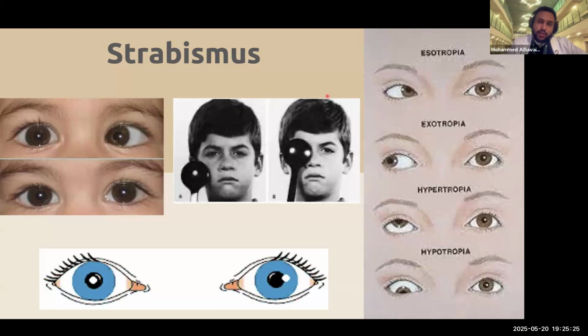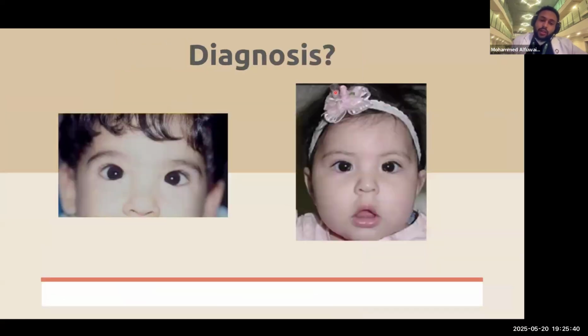And just a fun fact is that strabismus demographically affects 2% of children below 3 years, and it does not have any female-male predilection, but you need to remember the statistic. Now, why did I teach you guys the light reflex test? It is for you to look at this. What's this diagnosis? Do they have strabismus?